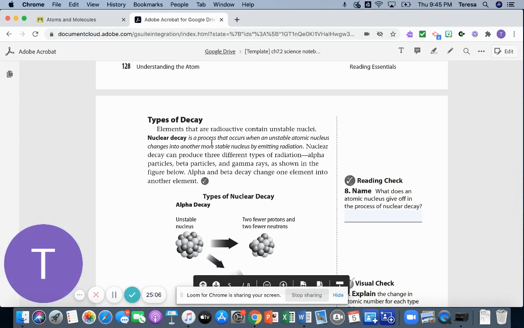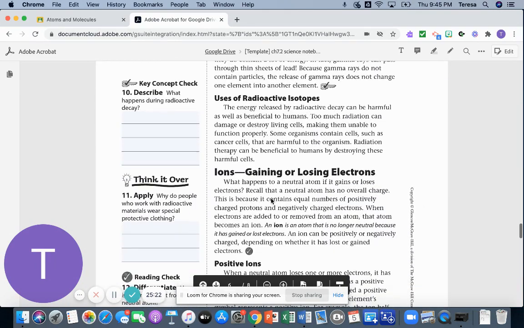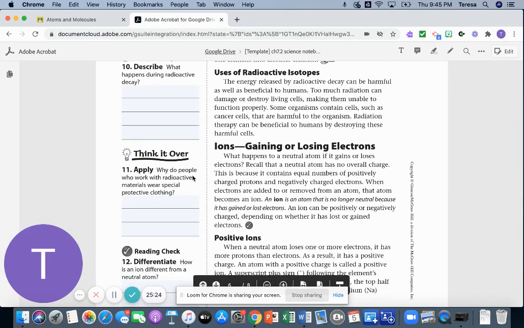So what happens during the process of nuclear decay? An unstable atomic nucleus changes into another, more stable nucleus by emitting radiation. Why do people who work with radioactive materials wear protective clothing?